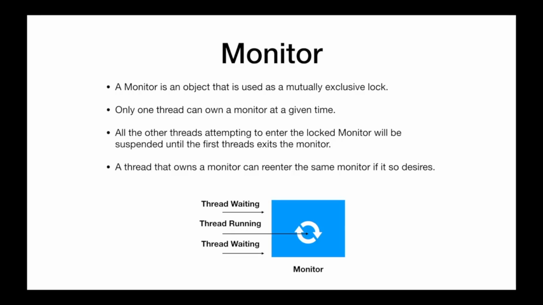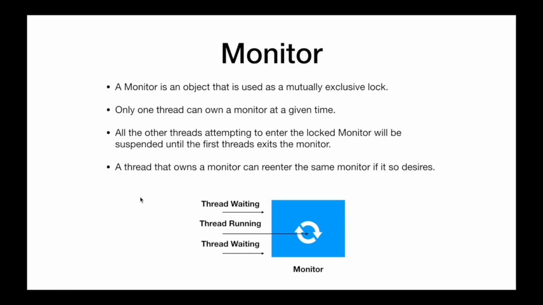So let's see what a monitor is. In Java, a monitor is an object that is used as a mutually exclusive lock. We will understand what a lock is further in this tutorial. Only one thread can own a monitor at a given time. All the other threads attempting to enter the locked monitor will be suspended until the first thread exits the monitor.